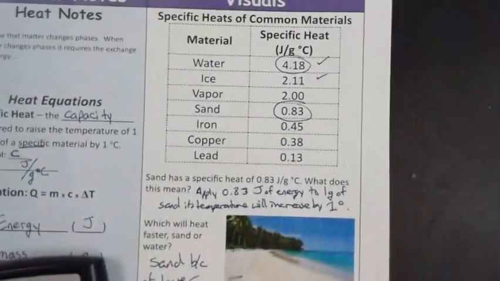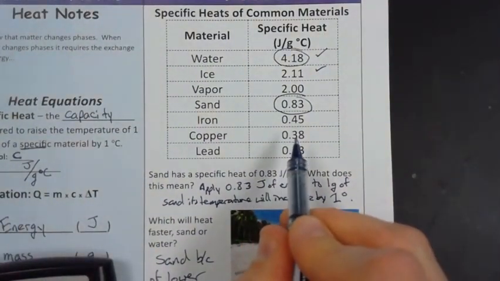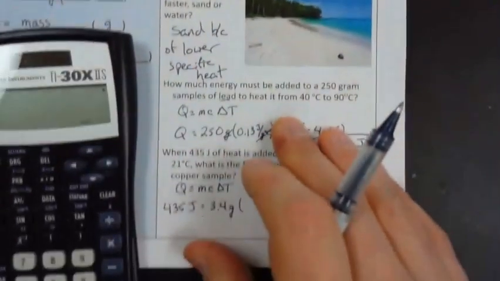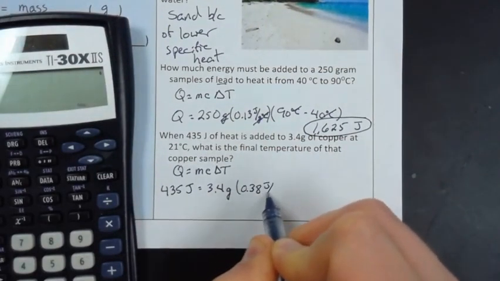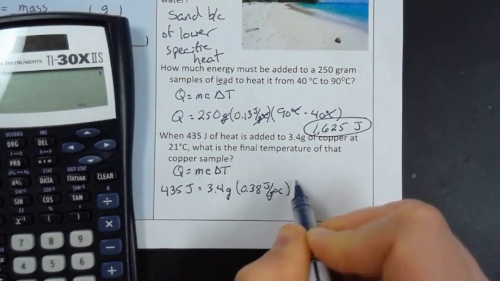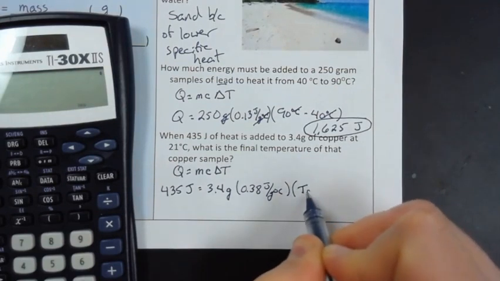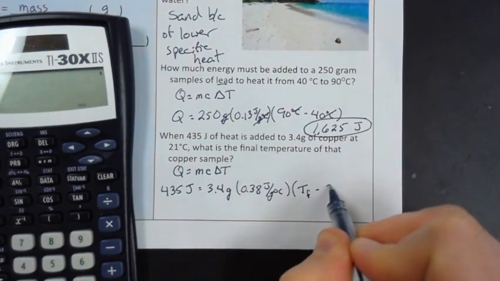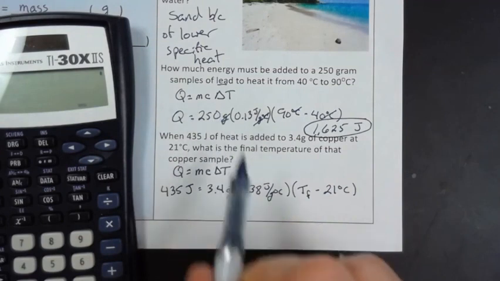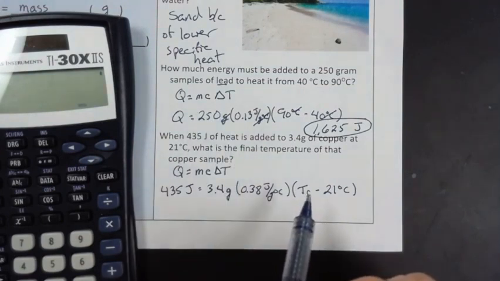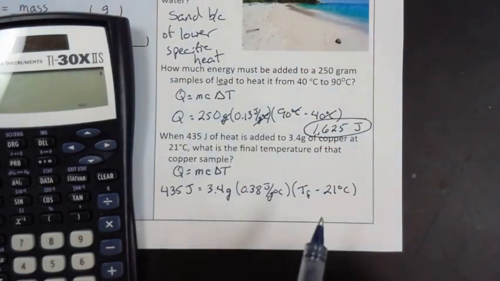And again, because we're working with copper, we've got a capacity of 0.38 joules per gram degree Celsius. And we want to find final temperature from that starting point of 21 degrees Celsius. So while it's not as easy to solve as this first equation, we only have one variable and we just have to solve for this carefully, right?